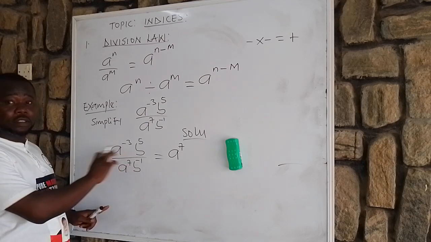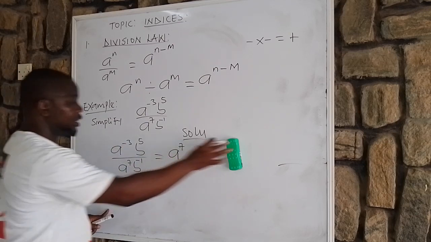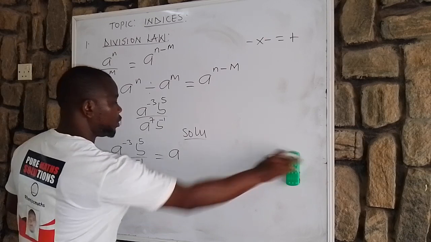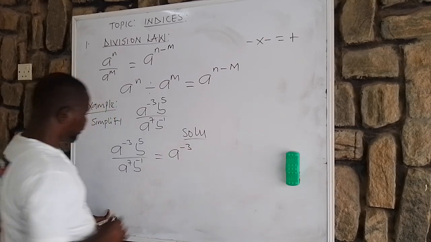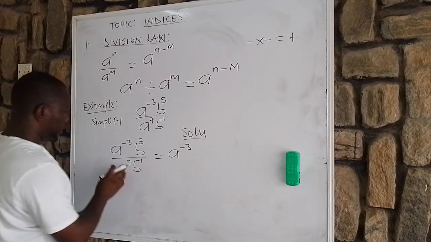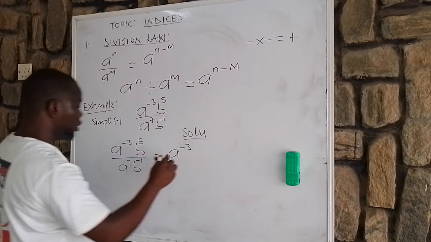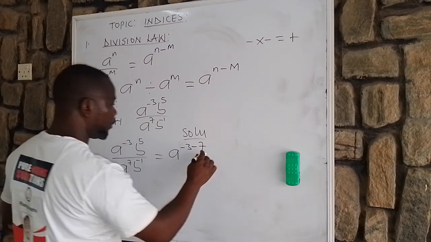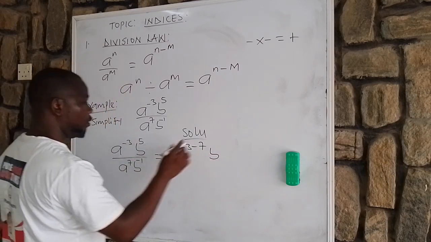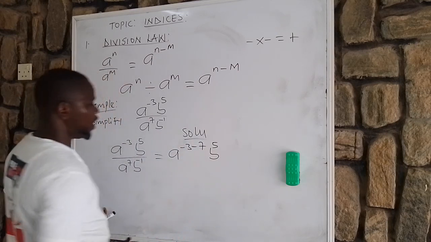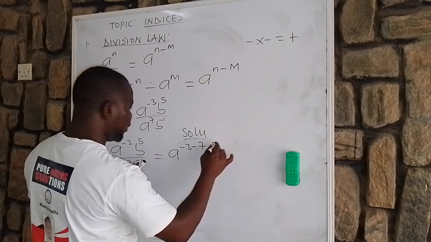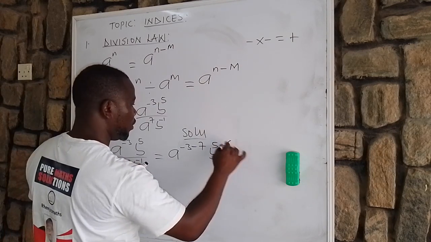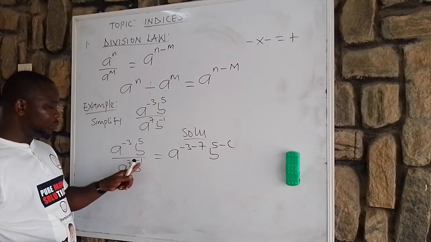Start with the first one, the numerator. Is that clear? So here will be minus 3. Then, since here is division, it's going to be minus 7. Then what do we have here? B raised to the power of 5. Then, because of division, minus, open bracket, raised to the power minus what?